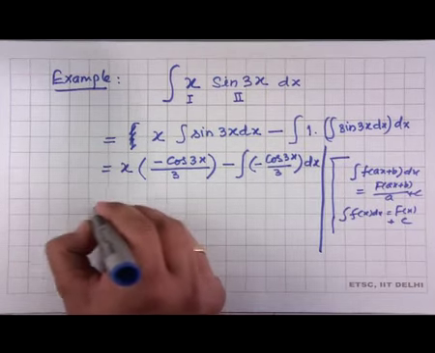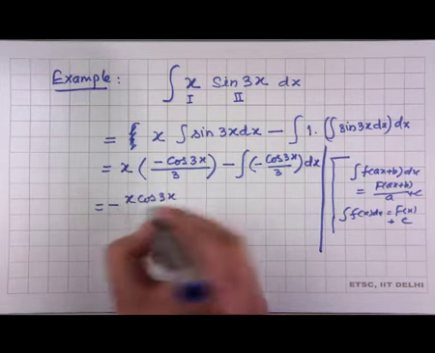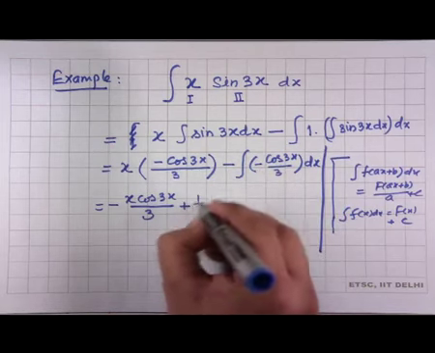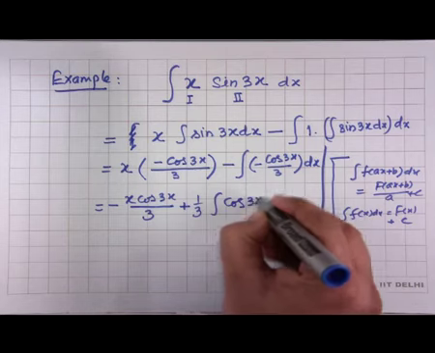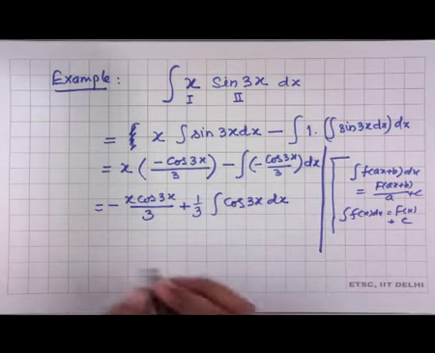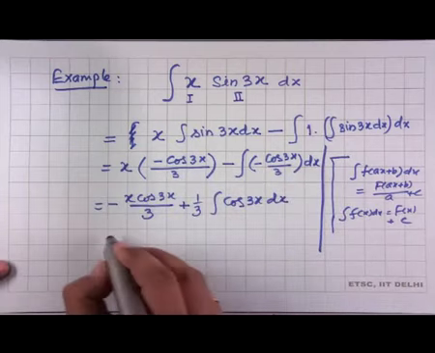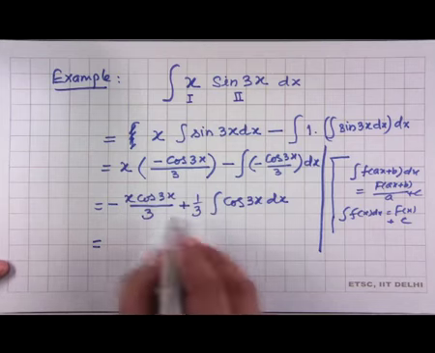So, this term goes to minus x cos 3x by 3 minus minus, plus 1 by 3 integration of cos 3x dx. A little care should be taken at the beginning, that is why I am writing all the steps. Once you get acquainted with this calculation, you can skip a couple of steps.